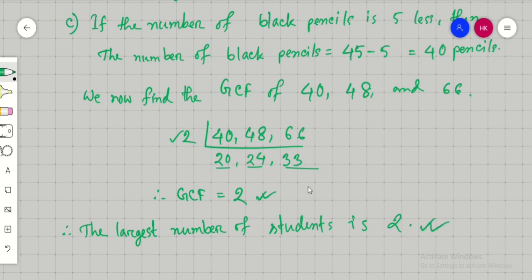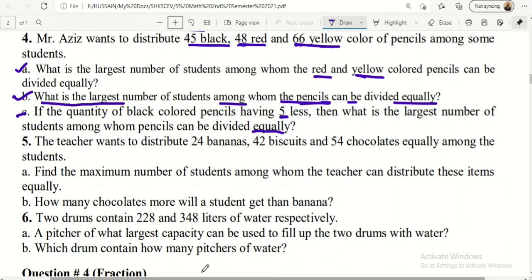I hope you understand. If you don't understand, just repeat the video again and again and you can understand very easily, or if you do it by yourself in your exam copy while seeing the video question, then you can understand everything.